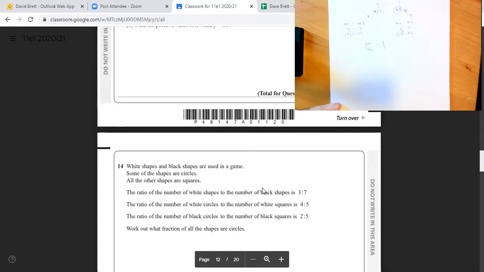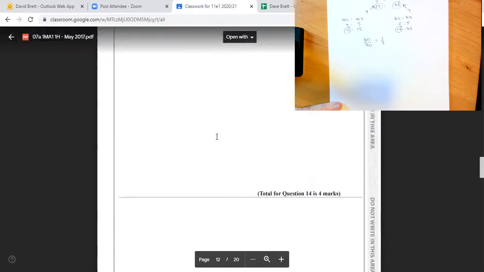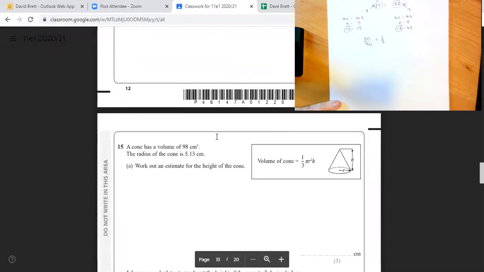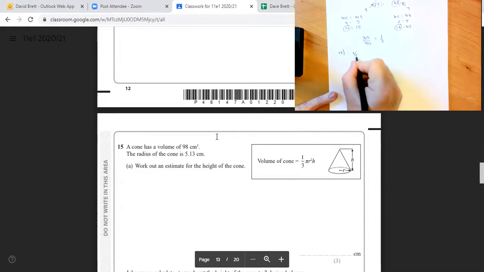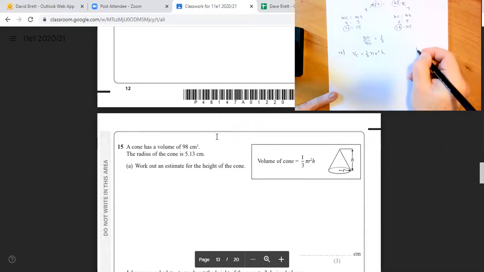Okay, so let's have a look at question number 15. Work out an estimate for the height of the cone. So that means that we've got to round everything. I know the volume of the cone is 1/3 pi r squared h. So pi is roughly 3, the volume of the cone is roughly 100, and the radius of the cone is roughly 5.